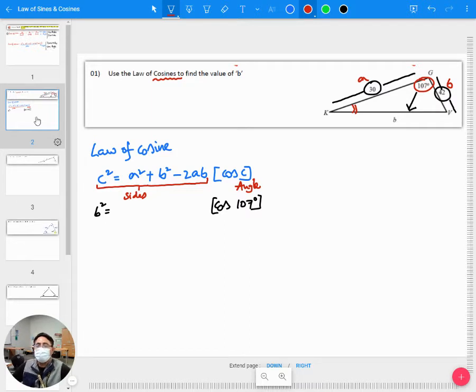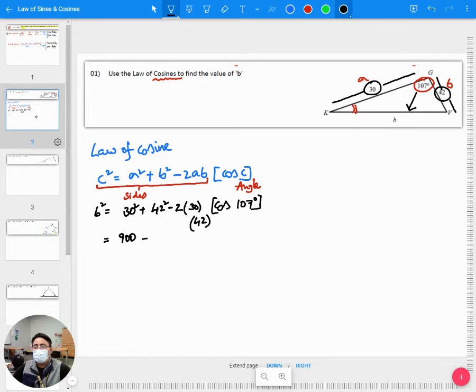Let's plug in these values. a square means 30 square plus the other one, 42 square, minus 2ab, which means 2 times 30 times 42. You may make use of a calculator. What is 30 square?